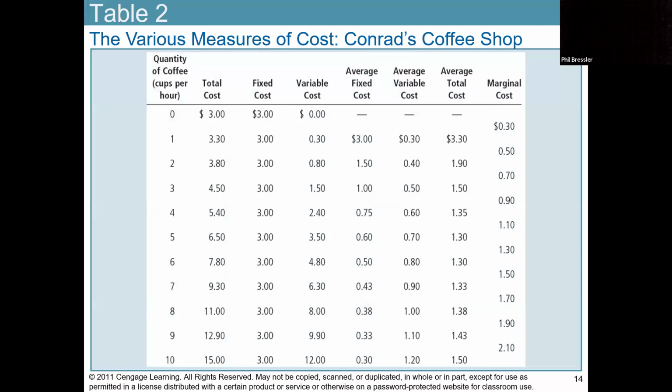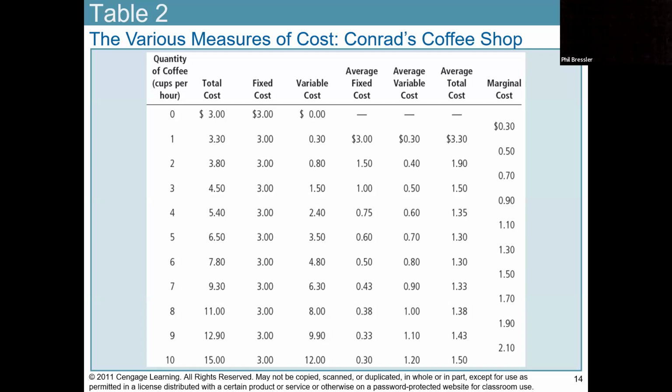Remember, if you look at the zero output, the total cost always gives you the fixed cost. So say they didn't give you this, zero output, 3 total cost. I could put 3 straight down for the fixed cost, because variable cost is 0 there.